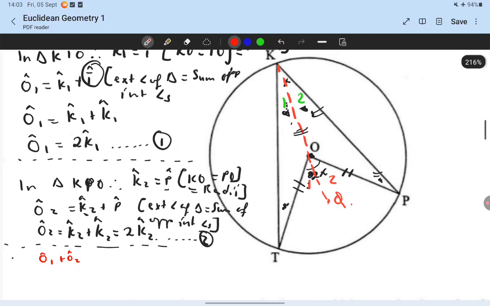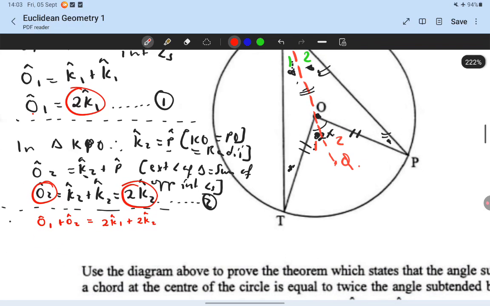So O1 and our O2 can be equivalent to 2K1 plus 2K2, right? Because this was equivalent to that, and also this is equivalent to that.